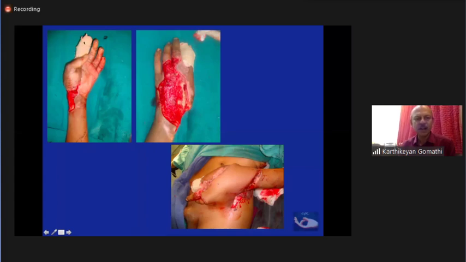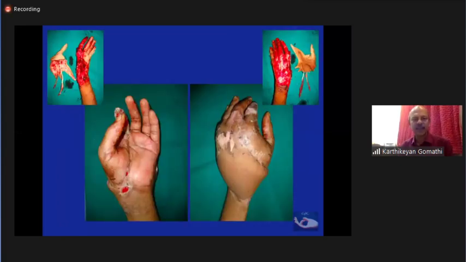The index finger had also survived but had a large raw area. So we decided to amputate the index finger and give a flap. Oh, yes, this patient we did not amputate. The skin has also survived and the flap has also survived. So this was a case of delayed primary skin cover. It is also permissible, which will also give good results.